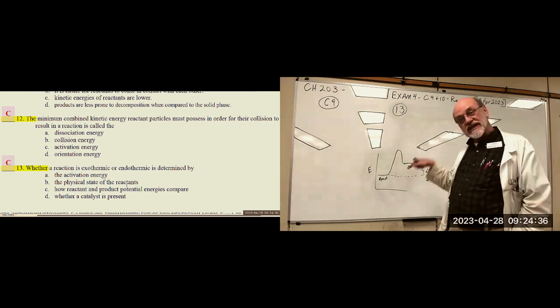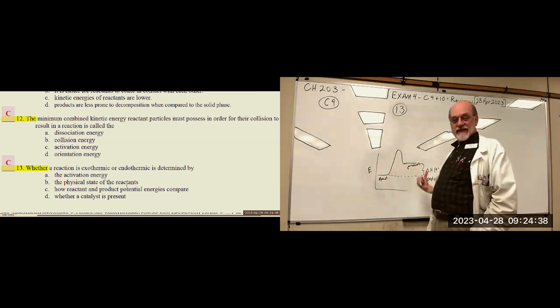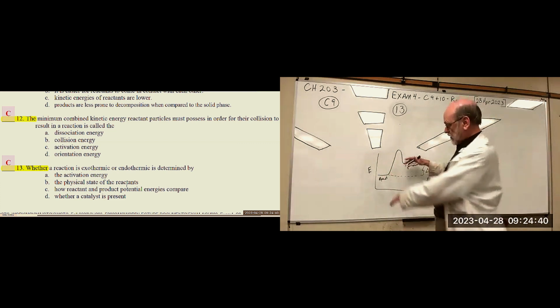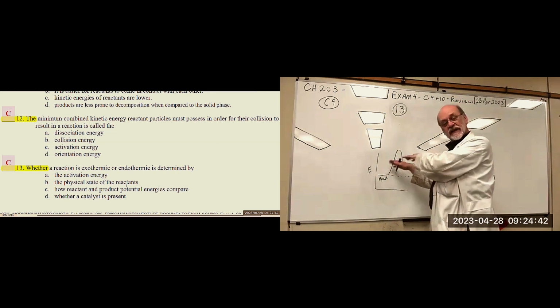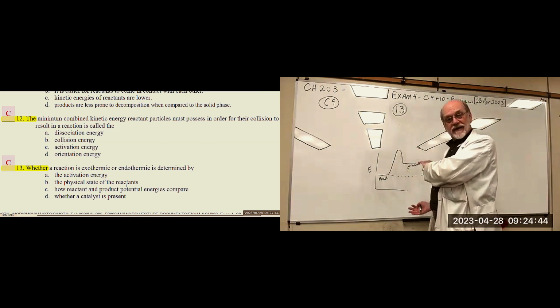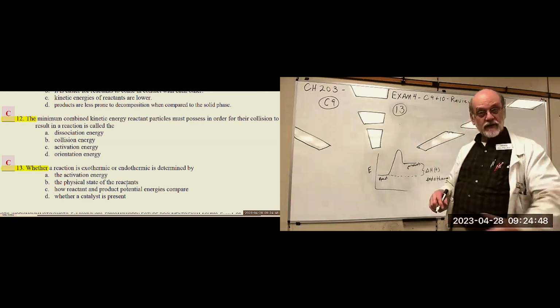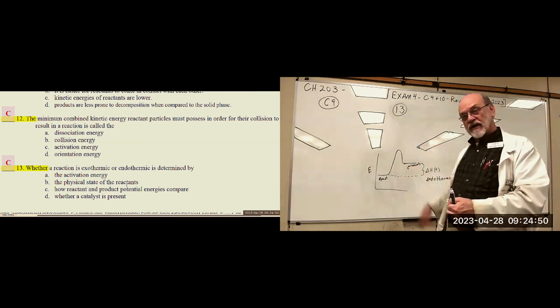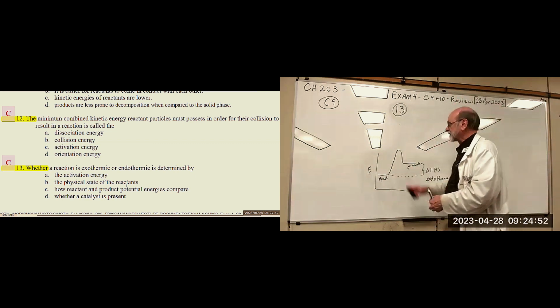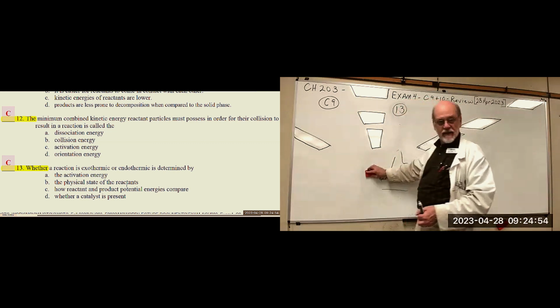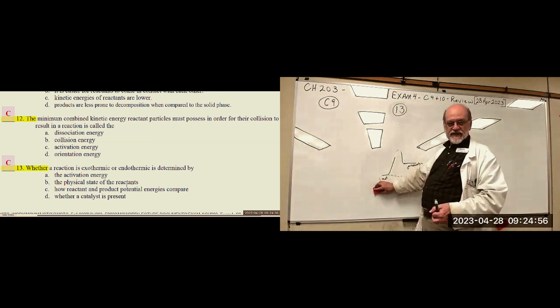You put more energy in, endo, than you got back. If it's the other way around, then you put a little bit of energy in and you get a whole lot back. That's exothermic. Exo means out of. You got energy out of that process. All right. So the answer to it is C.